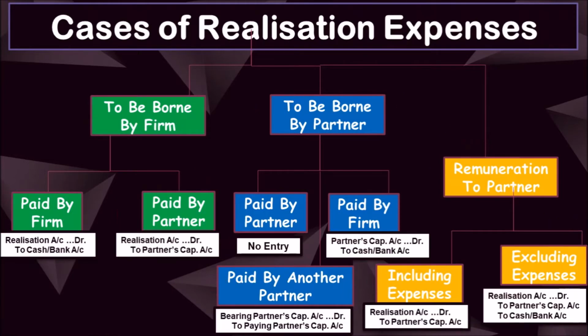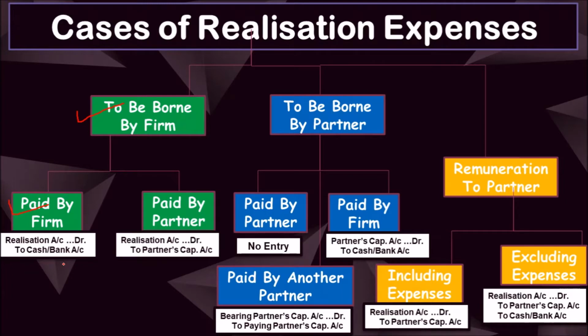Have a look here. The first category, to be borne by firm, and by default paid by firm. Then what journal entry are we going to pass? Realization account debit to cash or bank account. Very simple entry, because realization expenses belong to the category of nominal account. And what is the rule for nominal account?